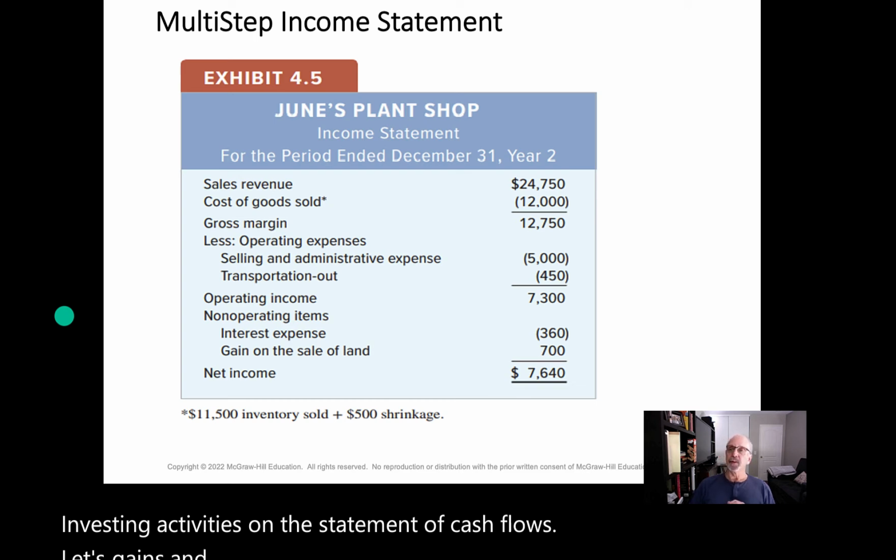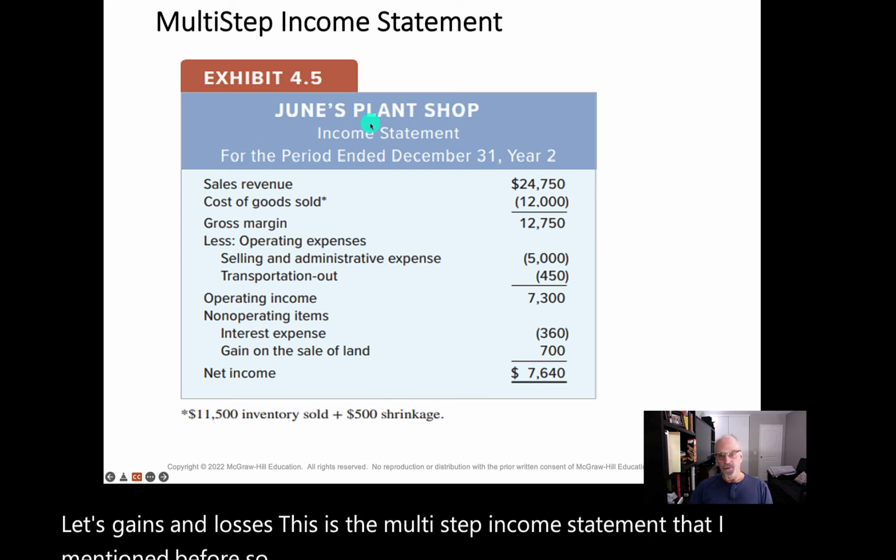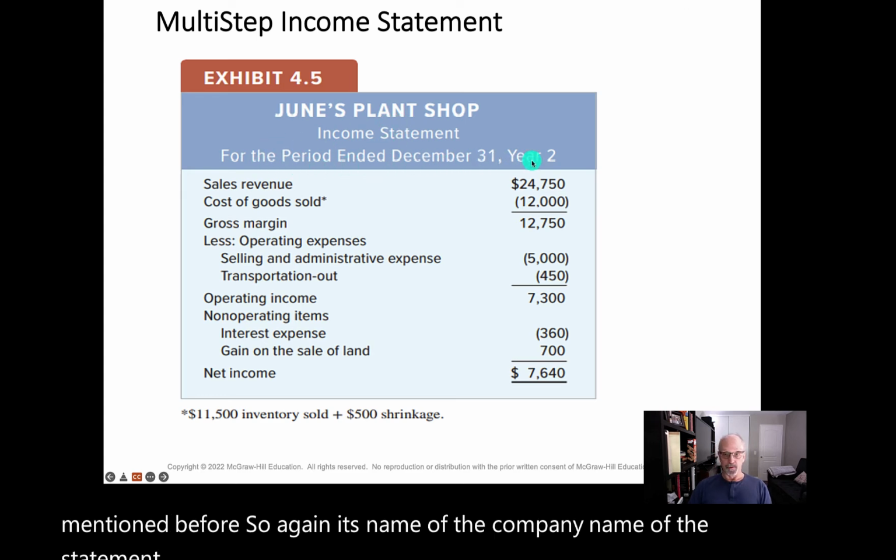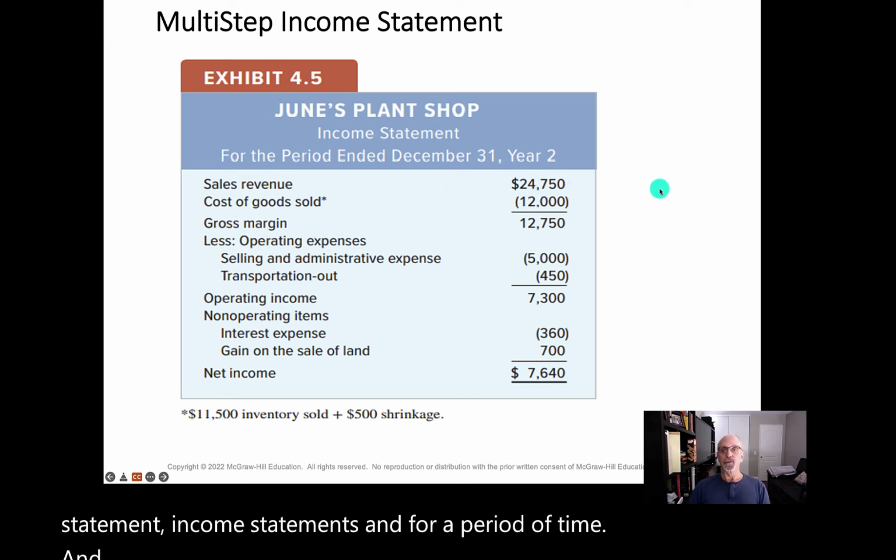This is the multi-step income statement that I mentioned before. So again, it's name of the company, name of the statement, income statements for a period of time. And we've got sales revenue of $24,750. We have COGS of $12,000.